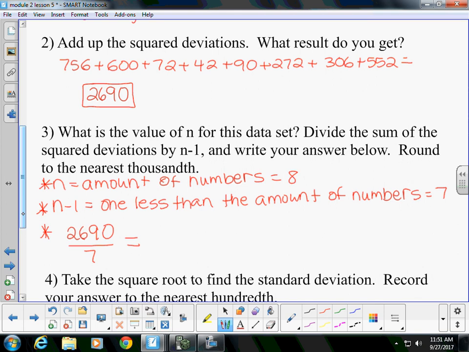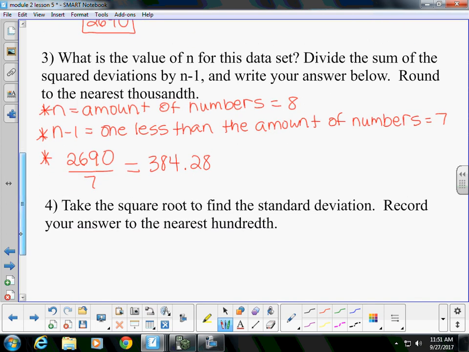Okay, so I'm getting a big decimal again. Lots of decimals in this process. Let's say 28. And then the last step, this is where the square root idea comes from. Take the square root to find the standard deviation and round your answer to the nearest 100.